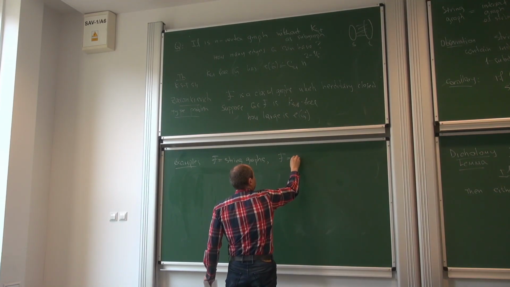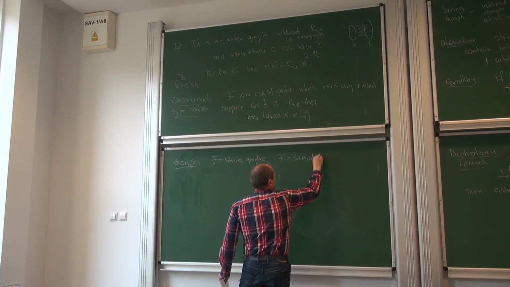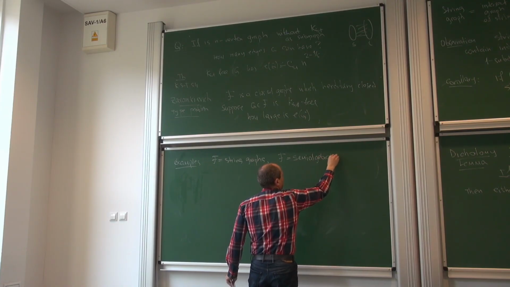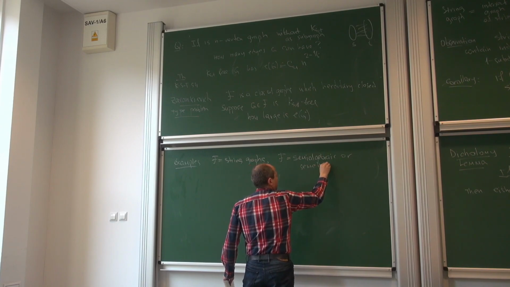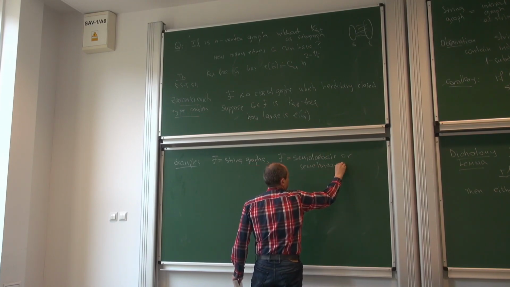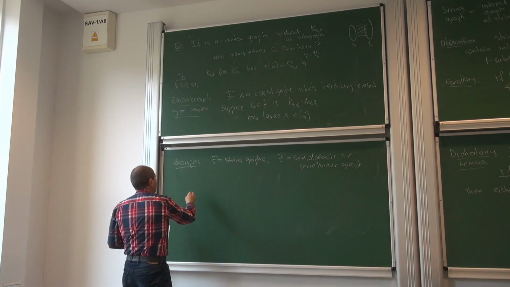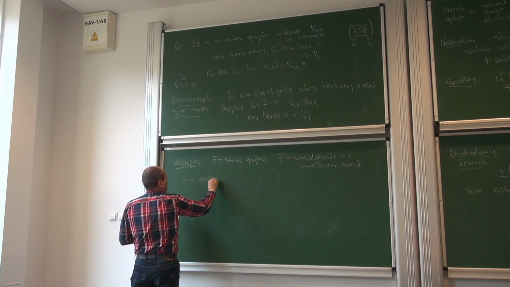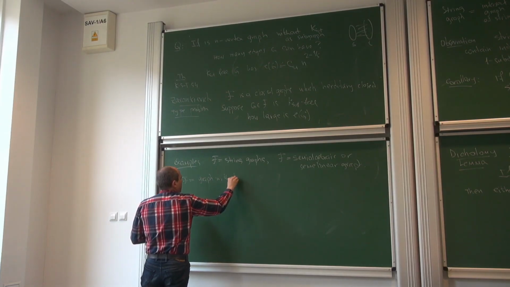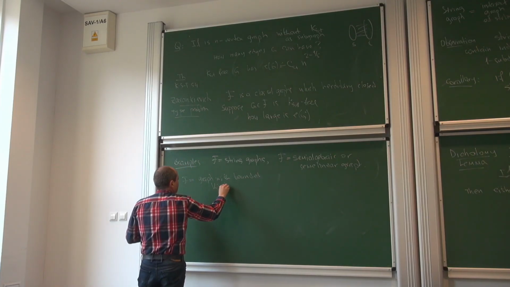F is semi-algebraic, or semi-linear. This I'll say what it is. F is graphs with bounded VC dimension.